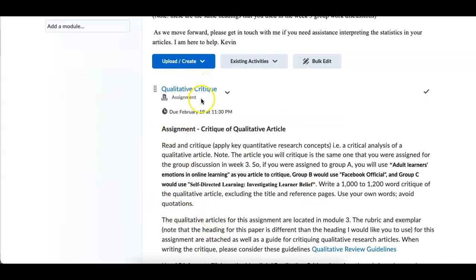Here's the assignment. As you can see, it's due next Sunday by 11:30, midnight at night. If you need a little extra time, like a day or two extra, please let me know. We can work something out.